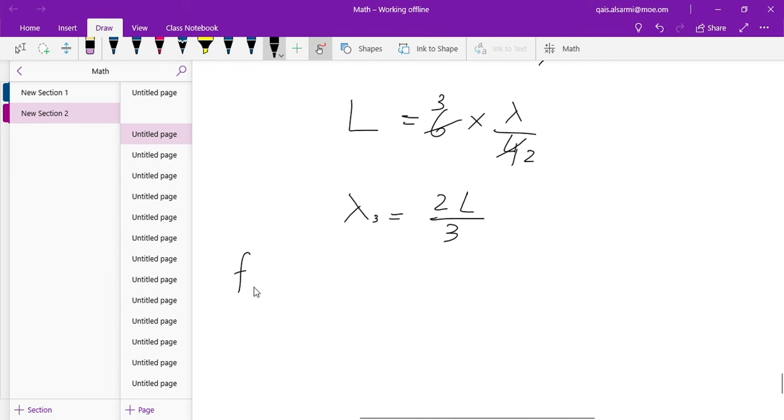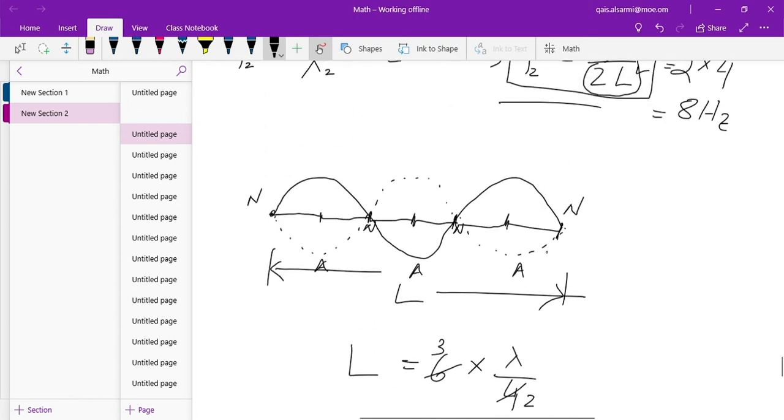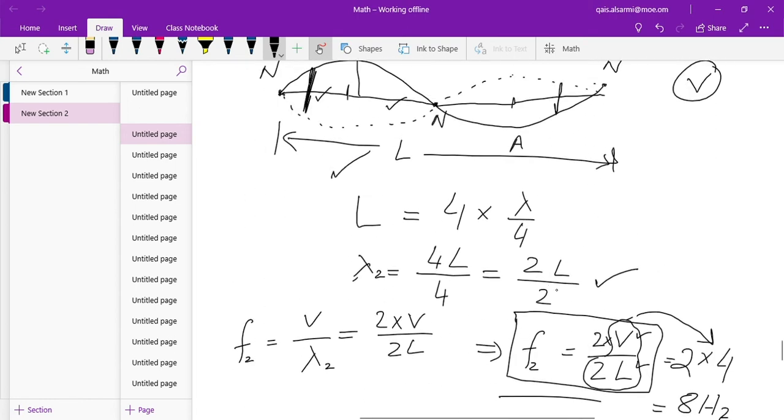Now what about the frequency for the third mode of vibration? That's equal to V over lambda 3, for the same reasons. This implies that F3 equals 3 times V over 2L. So now I hope you got the point why I was writing this wavelength by replacing 4 by 2.